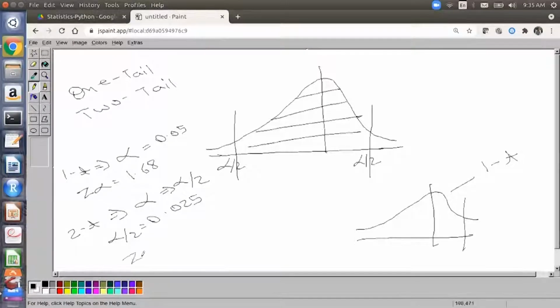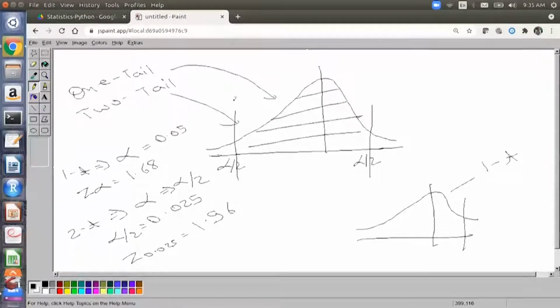Now what is the Z 0.025 value? 1.96. Where did I get this value? From the Z table. Now guys, how to find out whether I have to do a one tail test or a two tail test? This will be discussed in Thursday's class.